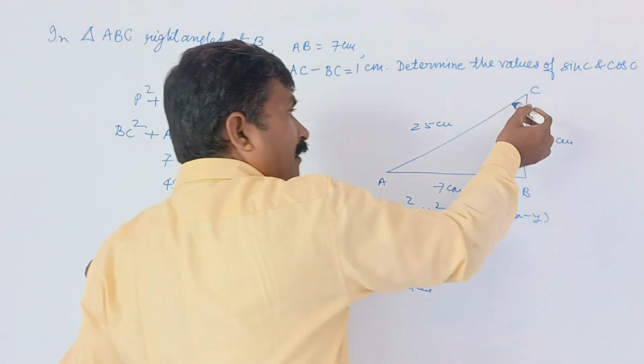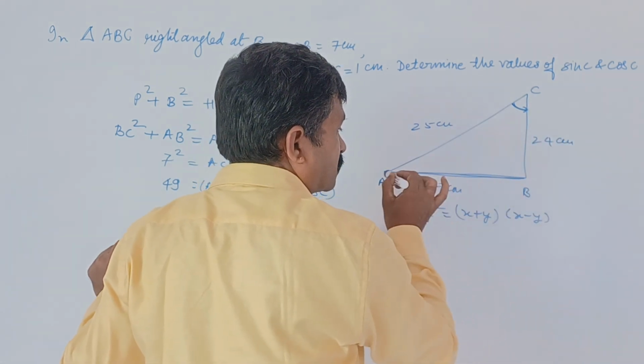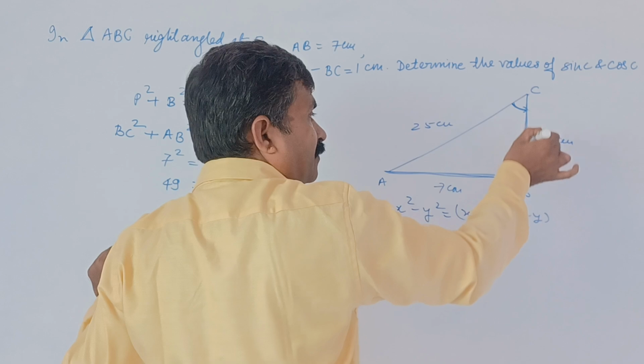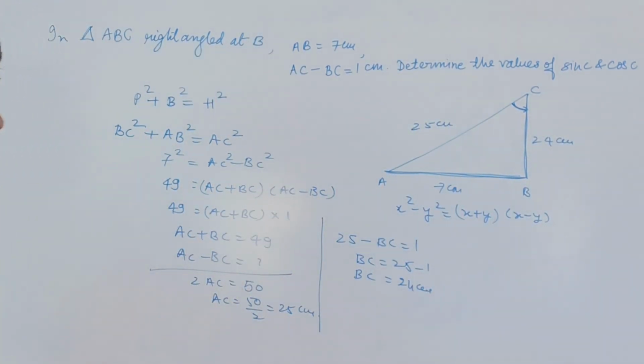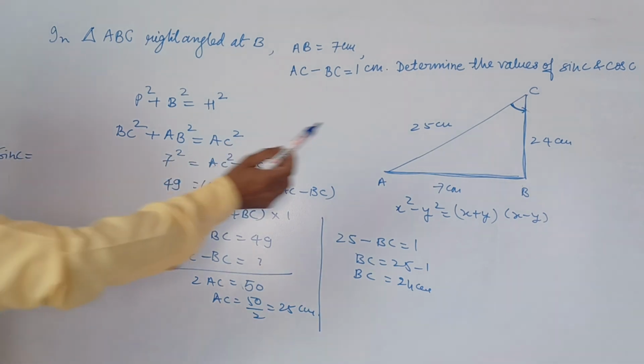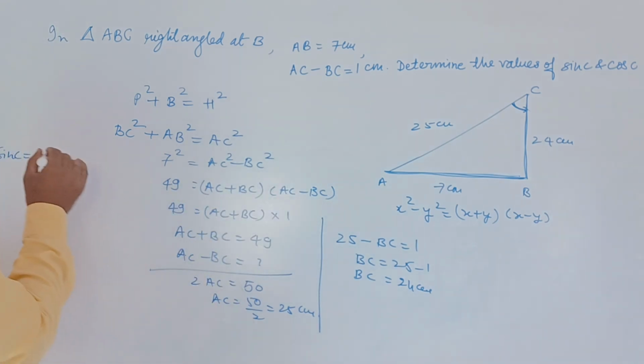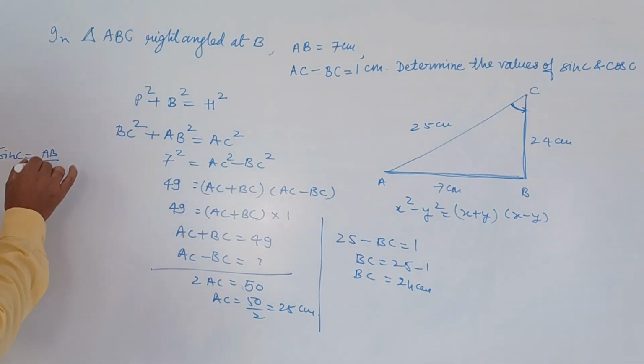Now this angle here, sin C means perpendicular for this angle is this and base will be this and hypotenuse will remain the same. So we have to determine sin C for this particular angle. ये perpendicular हो गया, that is AB upon AC.